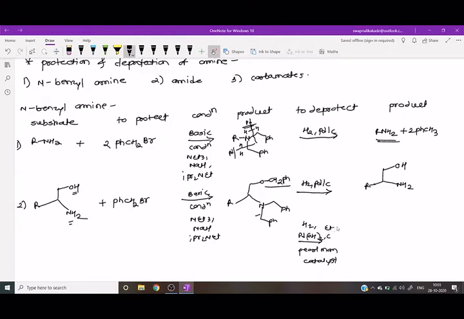Solvent is EtOH. The Pearlman catalyst selectively deprotects from the N side. For selective deprotection of amine, we use the Pearlman catalyst. We get this product.